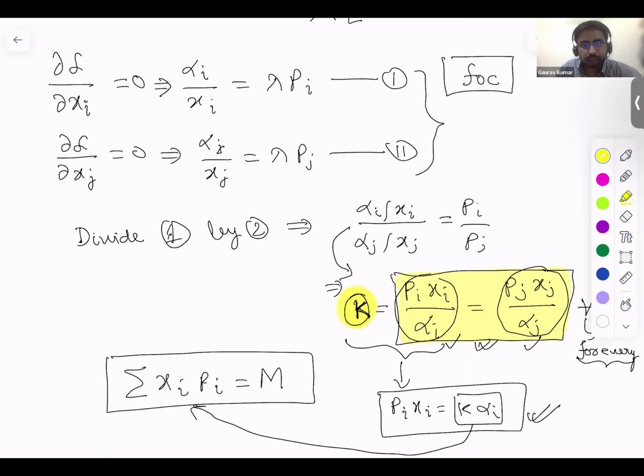Okay, I have one more question. No, you can't directly put xi star. See, before transformation you can't do this, because you transformed it in order to solve the consumer optimization problem. You formulated the Lagrangian, you took the first order conditions, you had a budget constraint with you, then you used these two equations and solved for xi and xj.